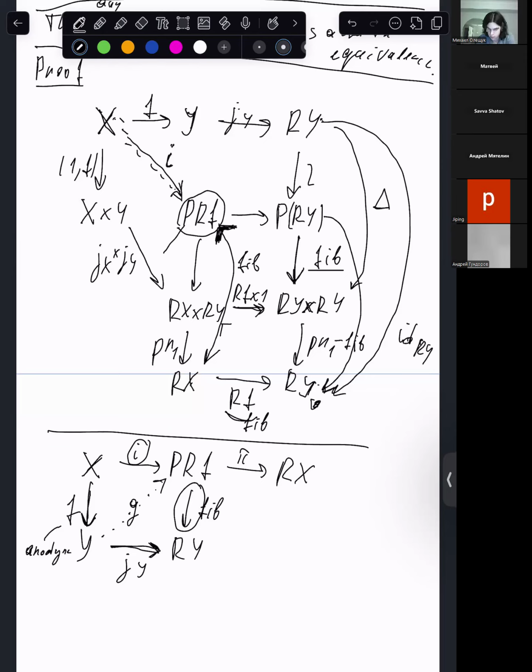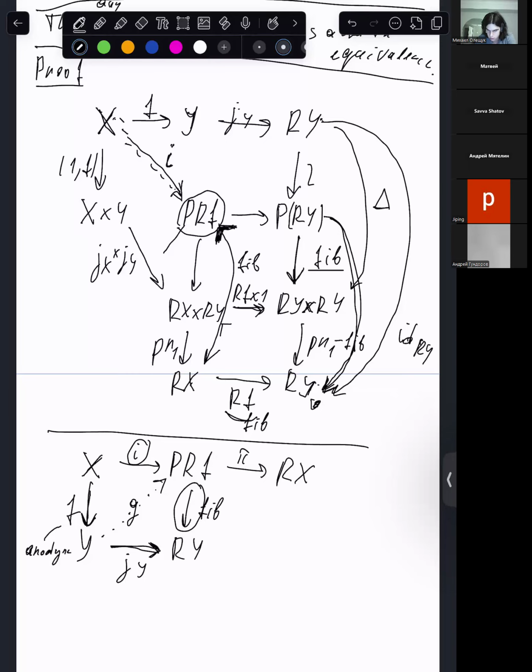Let's return here to the projection of PRY to RY. I state that it is not only a fibration, but it's an acyclic fibration. Why?